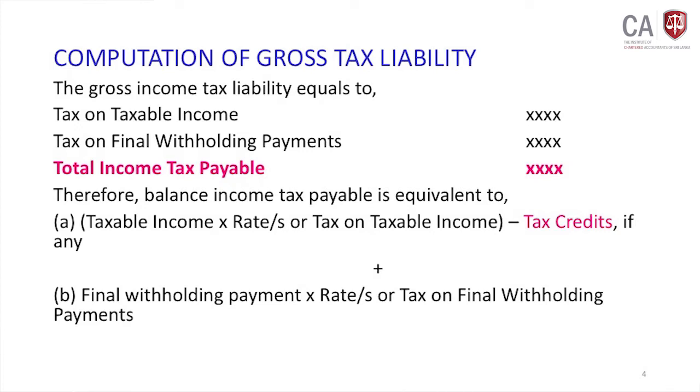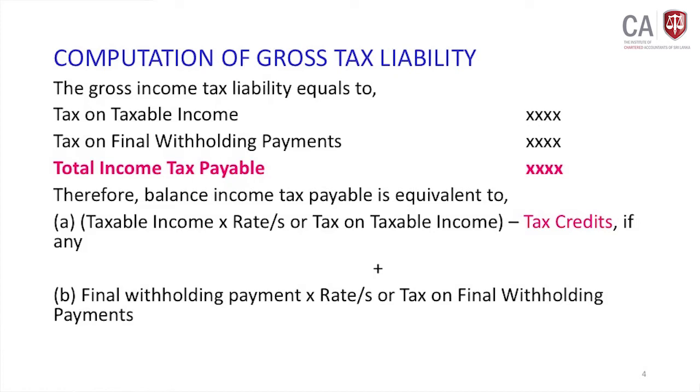In that, balance tax payable equals tax liability, or tax on taxable income, which is taxable income multiplied by the particular tax rate mentioned in the first schedule to the Act. Then you arrive at the tax liability, and deducting tax credits from that tax liability, you arrive at the answer of the balance tax payable for the particular year of assessment.